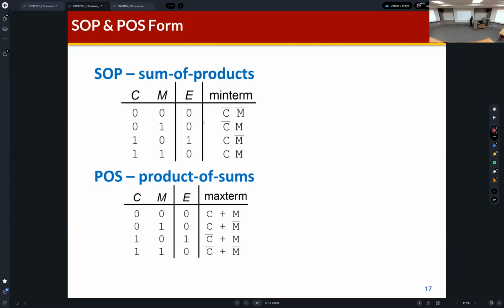As I mentioned, we can implement Boolean equations as SOP form or POS form. This is the same truth table.